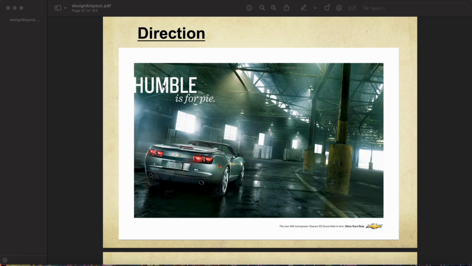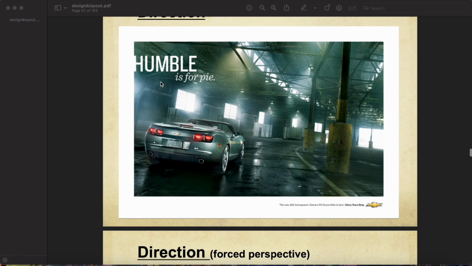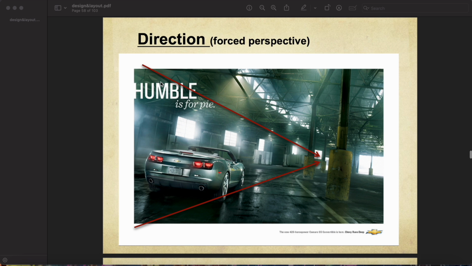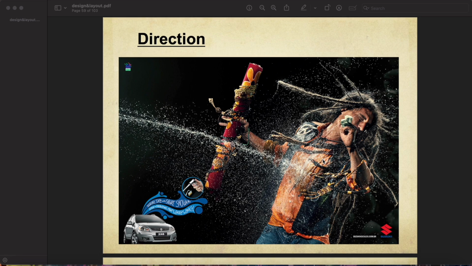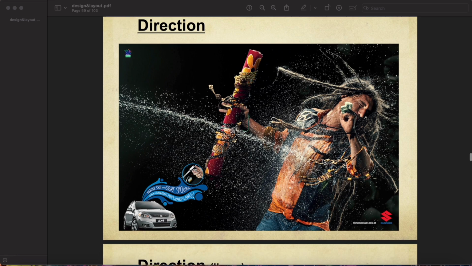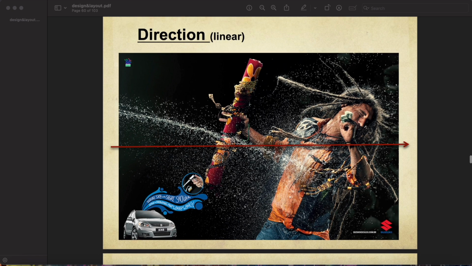This is where the artist is taking the viewer's eyes and creating what's called a forced perspective. Our eyes enter here and then they move to this smaller point. This is another example of direction. This one is a linear direction. We start here on the left and we move to the right.